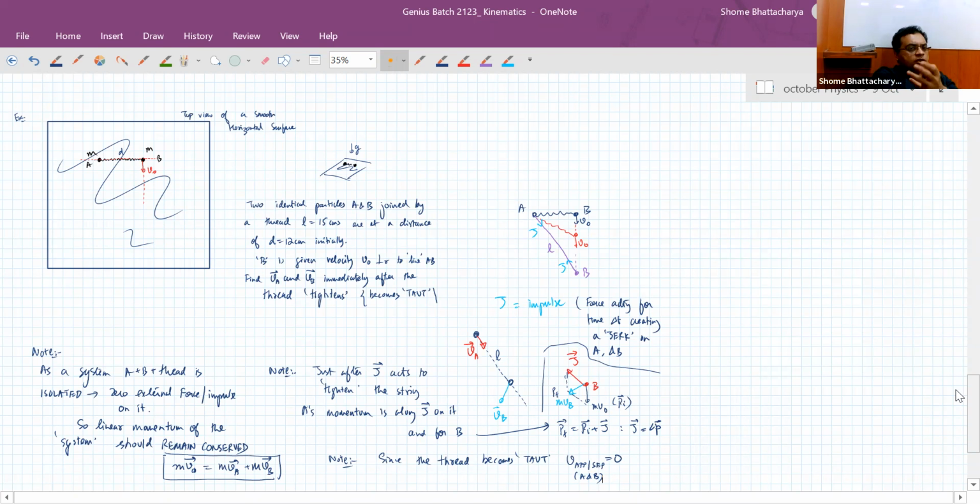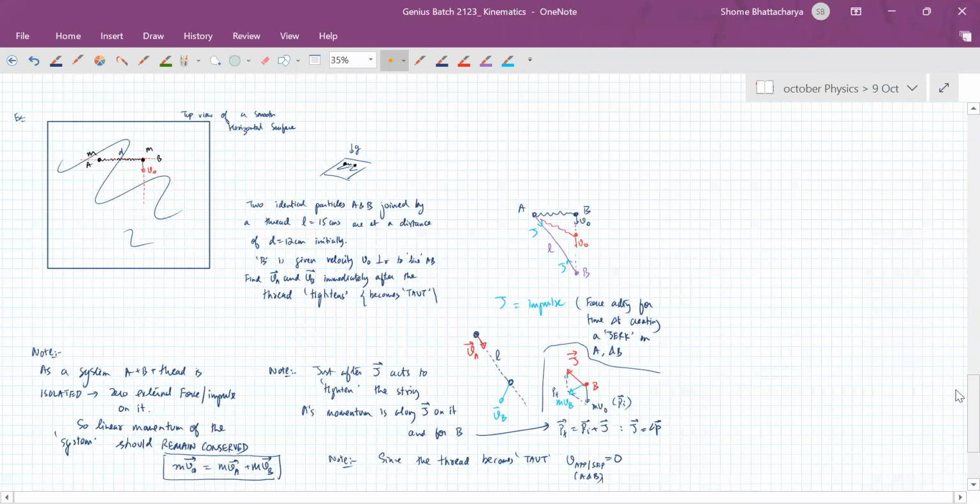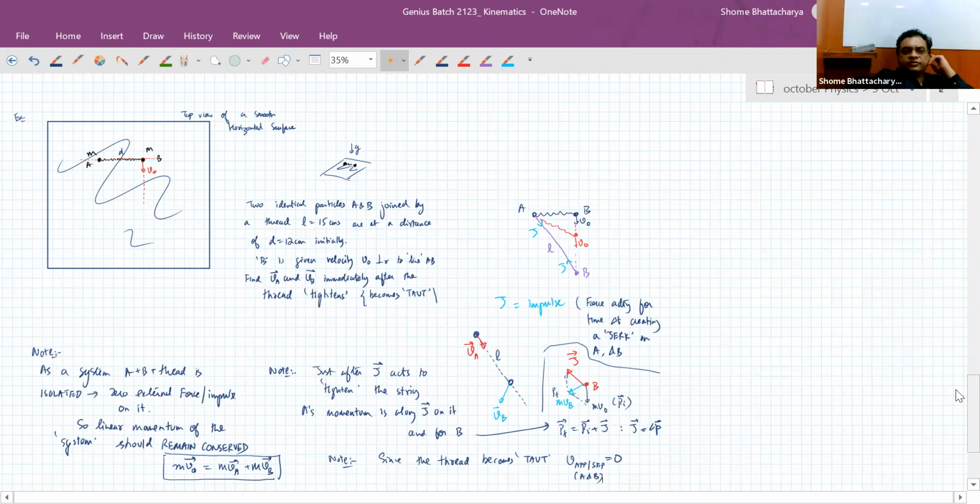So as the body attached to the spring goes down, the tension in the spring is a variable quantity which varies with the extension of the spring. So it has a variable acceleration. And we will see that in such cases, it is easier to use the work energy theorem than to go with dynamics and solve for F equals ma.